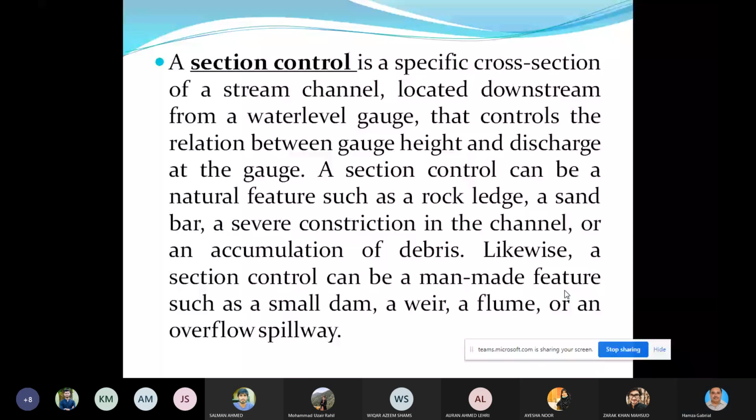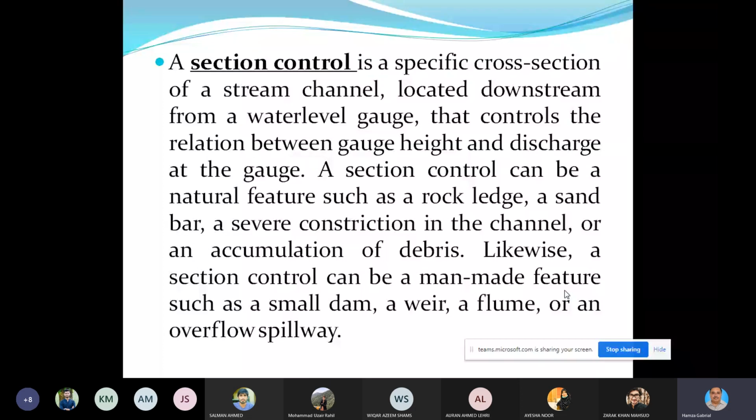A section control can be a natural feature, just like a rock ledge, a sandbar, a swale constriction in the channel, or even where debris accumulates. Where you see that the section constricts, narrows down, there a section control is made.